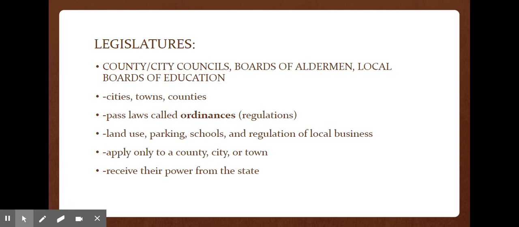Okay, like if our local school board thinks that math sucks and they decide we ought to get rid of math classes altogether, no, that's not going to happen. Okay, that's not the type of power that we have. Okay, so we get our power from the state, and it's kind of important that our ordinances, our regulations line up with state things. And of course, it's important that the state things line up with the national things. All right. And we're going to talk about that more as we move through the lawmaking process.